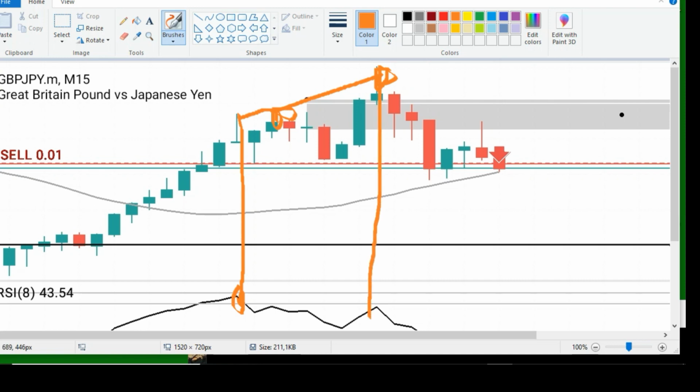But look at this. The market is going up, but your RSI is going down. This is what we call divergence.